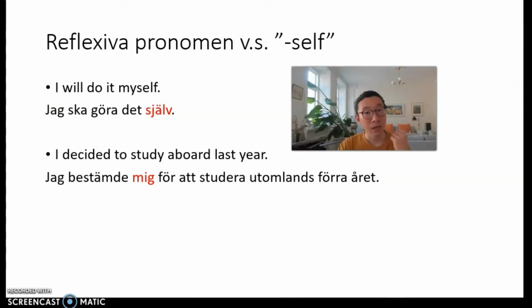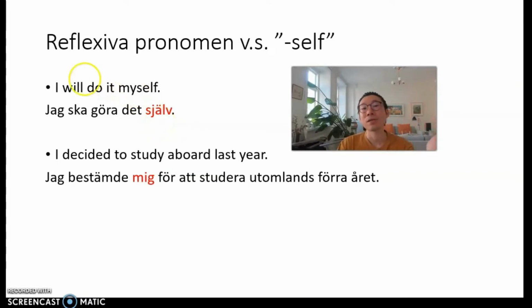Here we have a specific word for myself when you want to emphasize you're doing it yourself, not by the help of others. So here you would say in Swedish, jag ska göra det själv. I will do it myself. Jag ska göra det själv. Han ska göra det själv. He will do it himself. So here, själv means self.